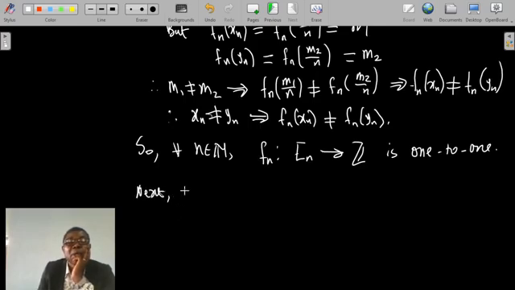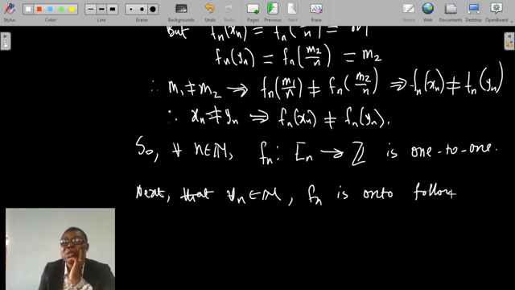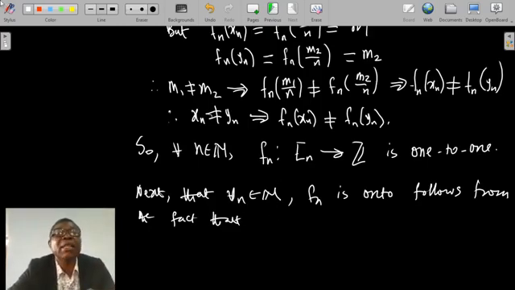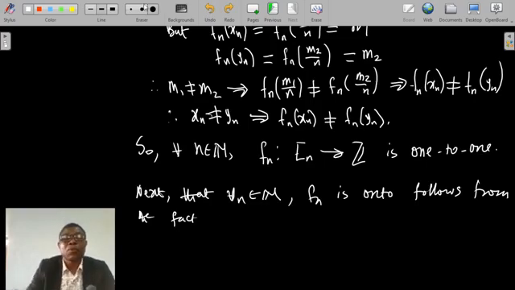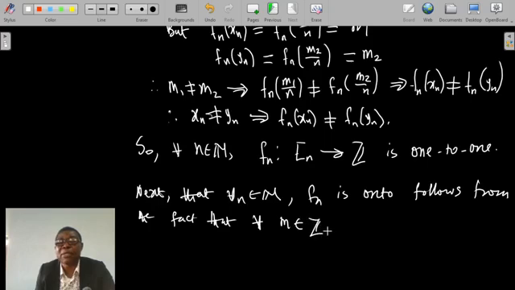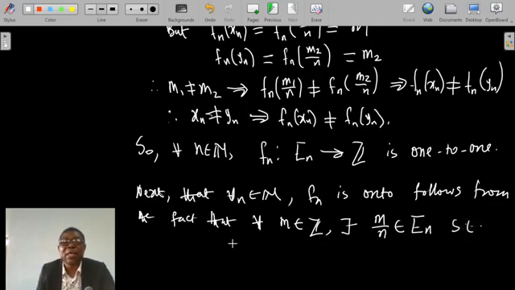Next, that for any n in the set of natural numbers, Fn is onto follows from the fact that for any m I pick in Z, the set of integers, there exists m over n in the set En such that Fn of m over n is equal to m.